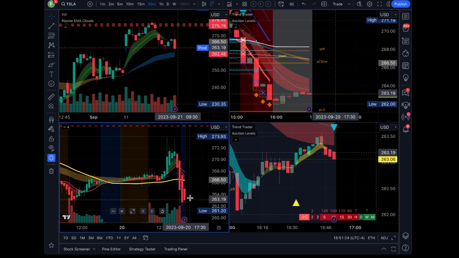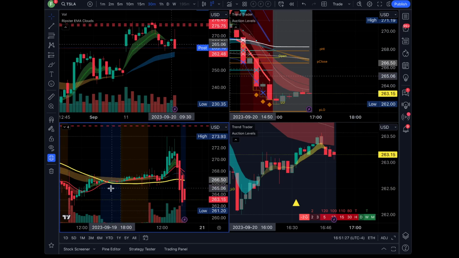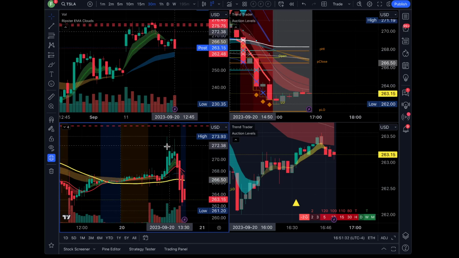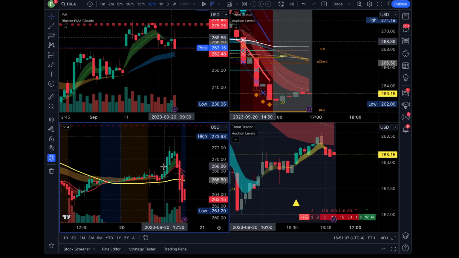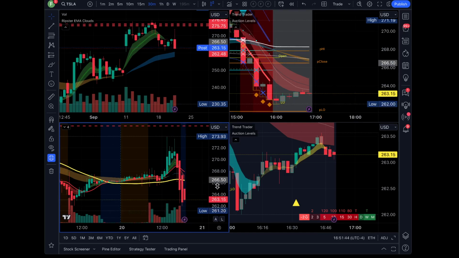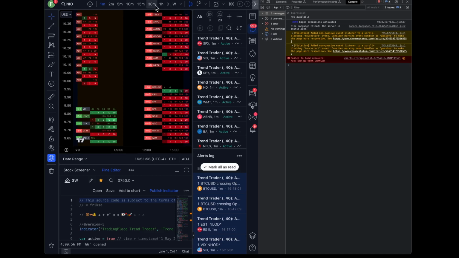But I could just look at this chart on 30 minutes and I can tell you it's terrible. If you look at it earlier today, at 1 o'clock, it had strong momentum to the upside. But now it's strong momentum to the downside. And so you have to look at your higher time frames to do better. What I'm trying to do here with the indicators is do that work for you.